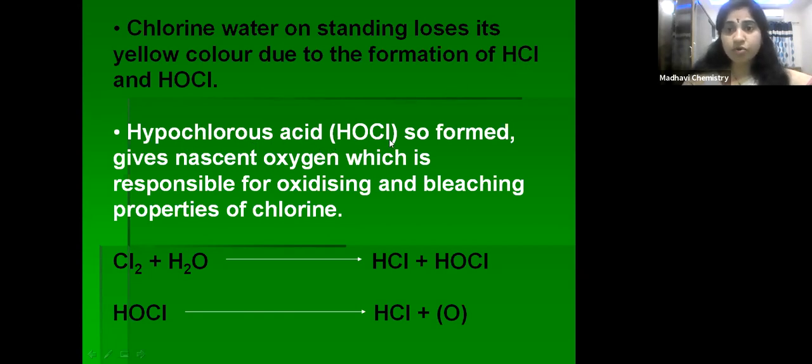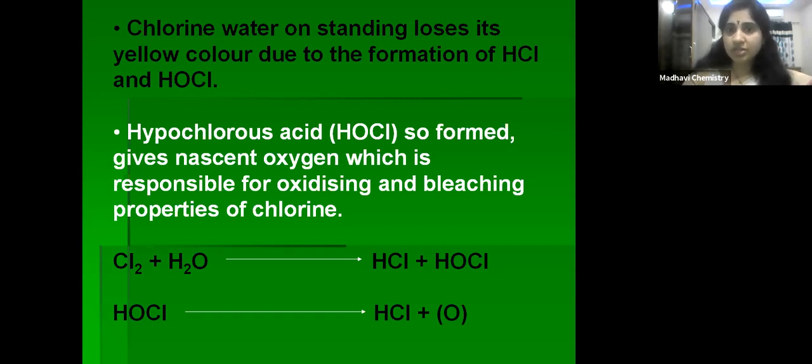But this hypochlorous acid, HOCl, is unstable. It will convert into HCl by giving one nascent oxygen. Oxygen atom is called nascent oxygen. So this nascent oxygen is responsible for the oxidizing and bleaching properties of chlorine. Chlorine has bleaching property and oxidizing property.